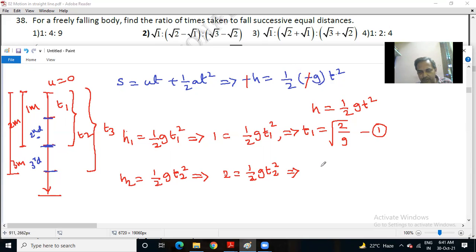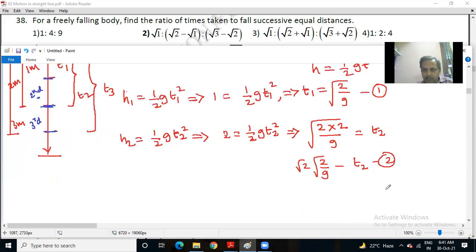Instead of writing 4, you write like this only. 2 into 2 by g under root is equal to t2. You can also write this as root 2 into root 2 by g. You will get the same result, but you try to get it in the way of the first equation. This is the second equation. Moving to third part.